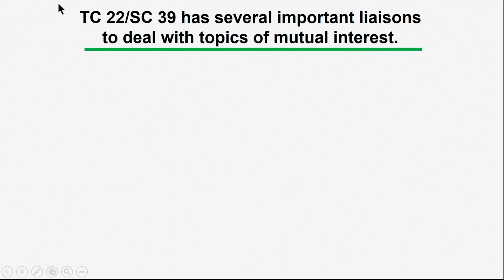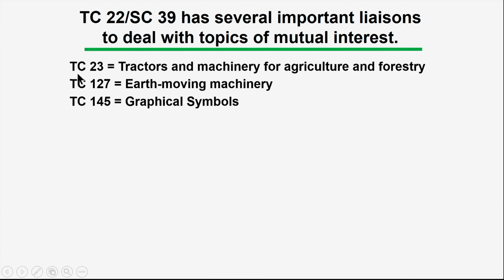Now, as I mentioned, there's this issue of liaisons, and for Subcommittee 39, there are a number of liaisons that I need to mention. So, because Technical Committee 22 is concerned with road vehicles, then they need to coordinate with Technical Committee 23, which is machinery for agriculture.